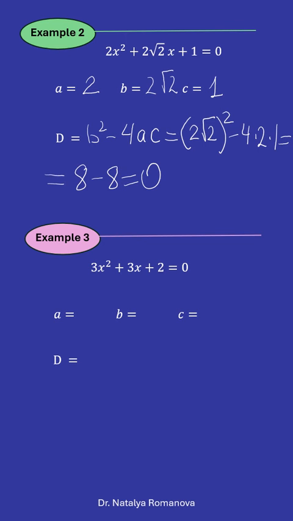So the discriminant equals 0. It is the second case. The quadratic equation has exactly one real solution. It's a double root or repeated root.